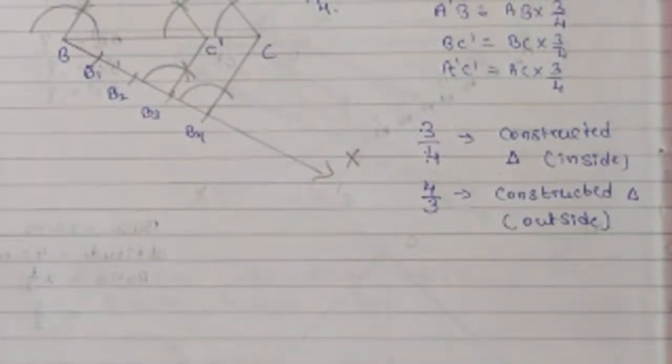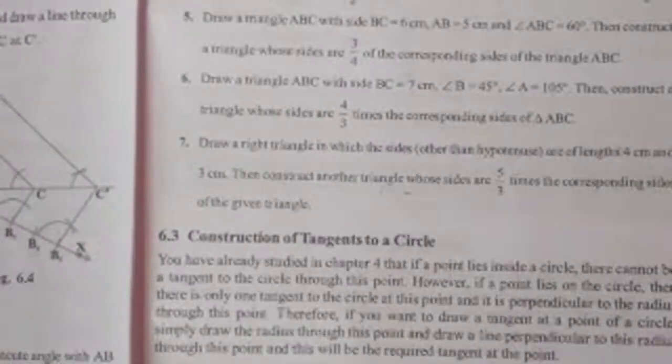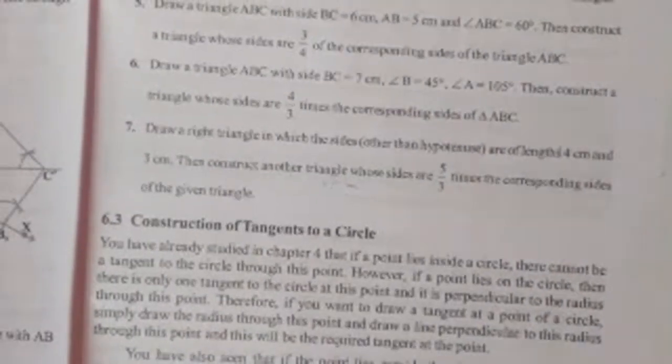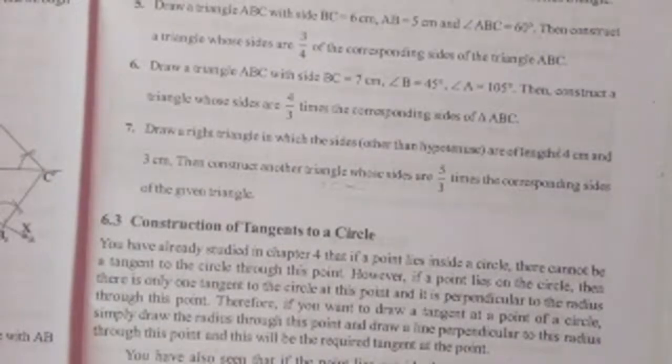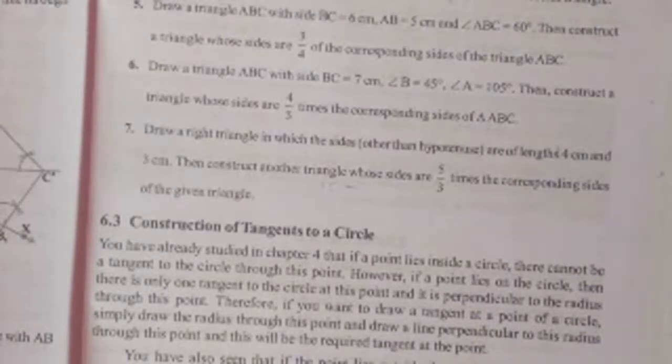Then similarly, try to draw the 6th problem and directly solve the 7th one. Okay, just read the 7th question. Draw a right triangle. Right triangle means a right angle triangle.